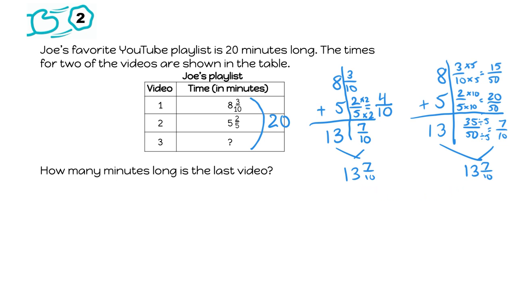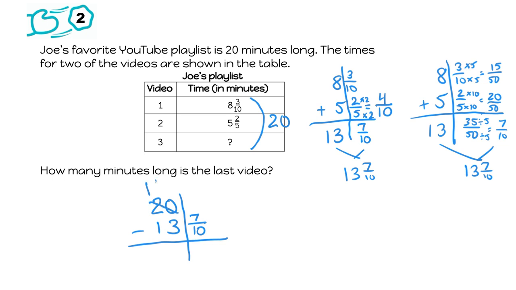Now, that is not my answer because I was looking for the length of the 3rd video. And so now I need to take that 13 7/10 and subtract it from the 20. So I'm going to take 20 and subtract off 13 7/10. Nothing minus 7/10, I can't do that. We've seen this a couple times on our computation challenge.